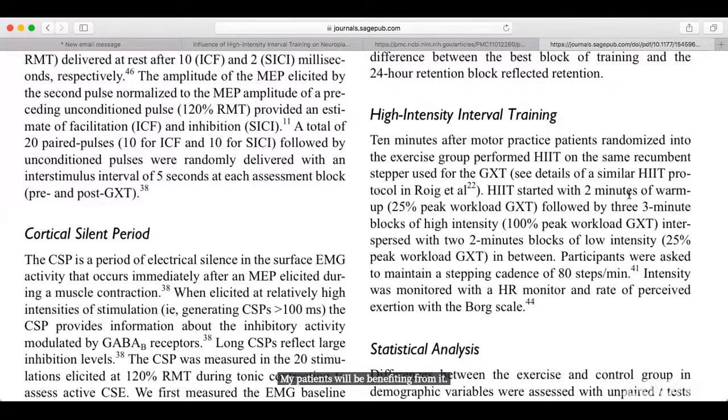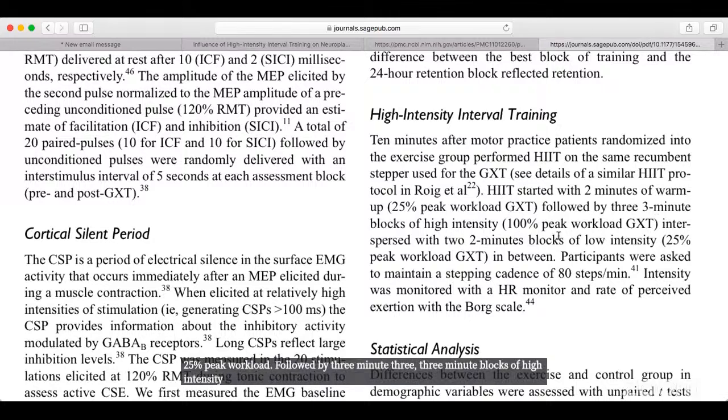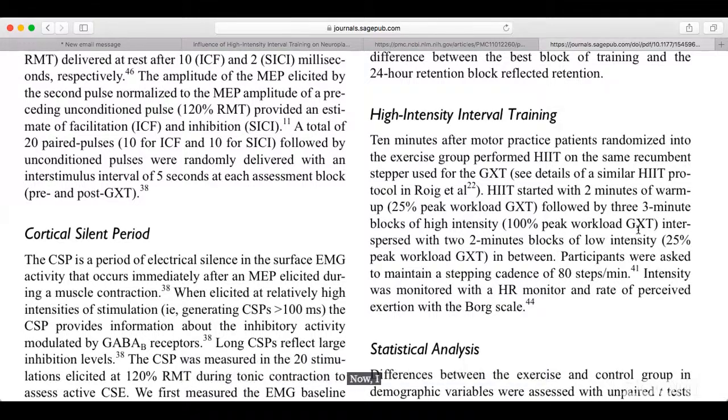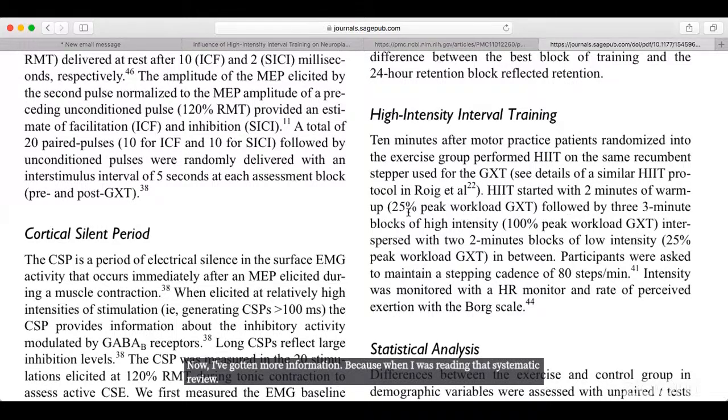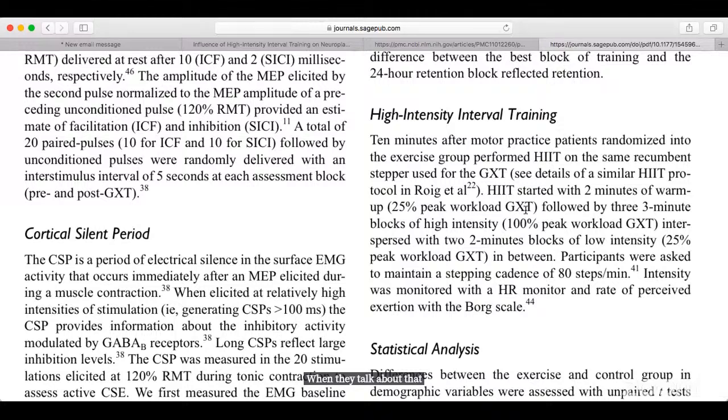HIIT started with 2 minutes of warm-up at 25% peak workload, followed by 3-minute blocks of high intensity at 100% peak workload. I've gotten more information because when I was reading that systematic review, I didn't know what the GXT was about.